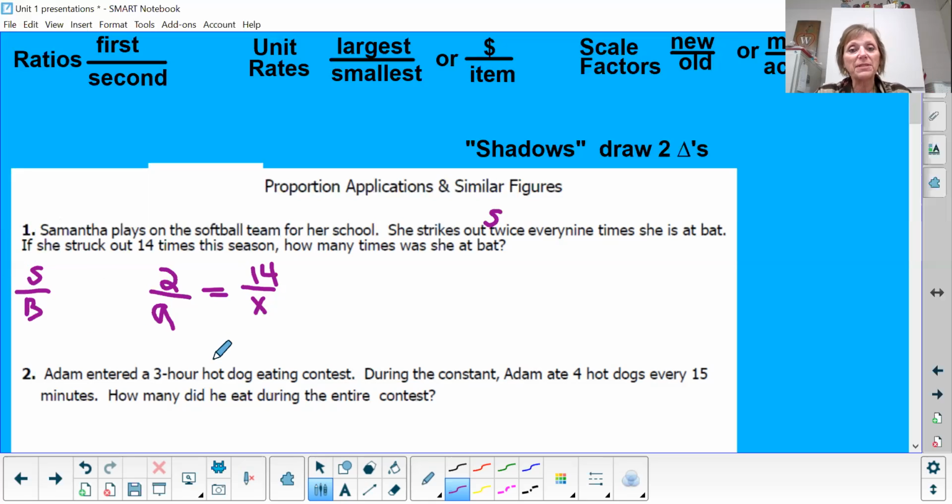throughout this, you can stop the video anywhere and do it yourself. You don't have to wait for me to work it for you. In fact, you should pre-test yourself. So when I read the question, I would turn it off, try to do it myself, and then see the rest of it to see what it is. Anyway, it ends up being X equals 63, and that would be times at bat.